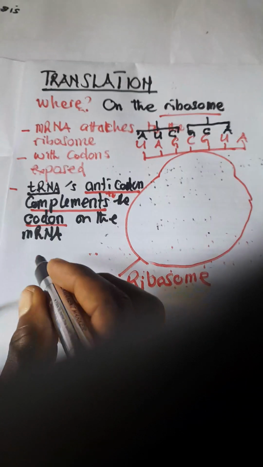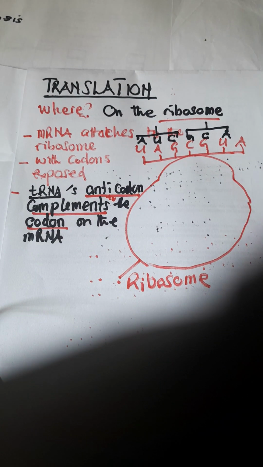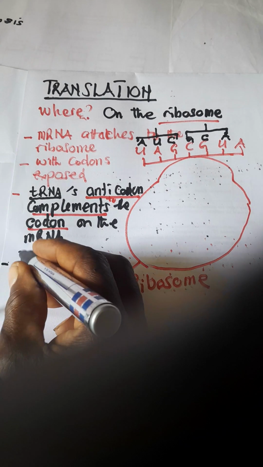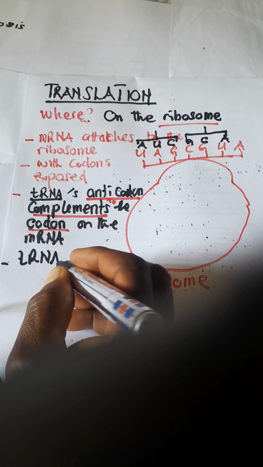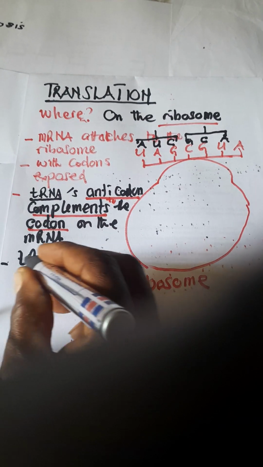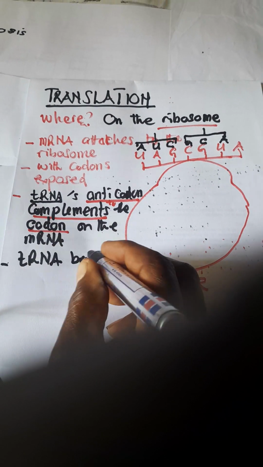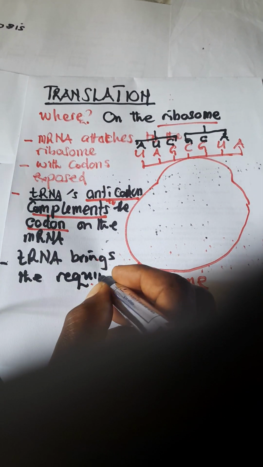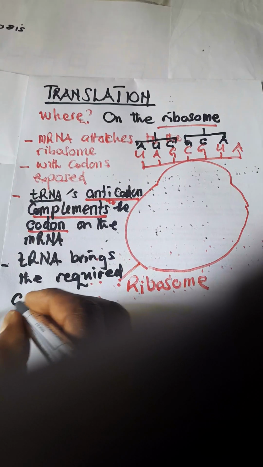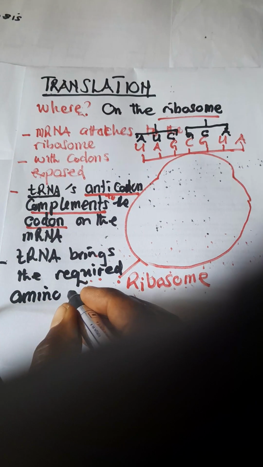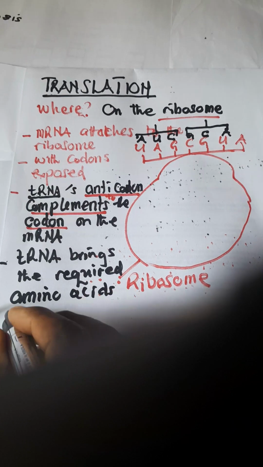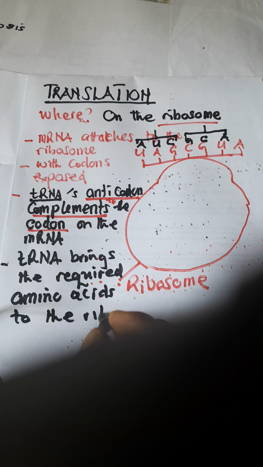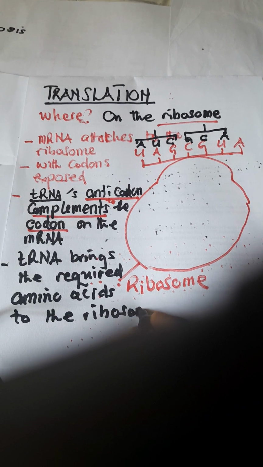So in this case, the tRNA brings the required amino acids to the ribosome.